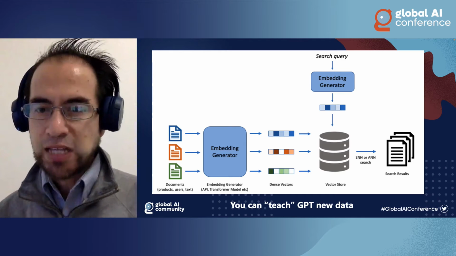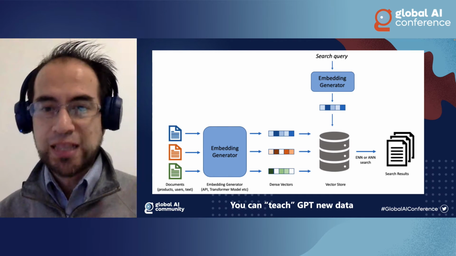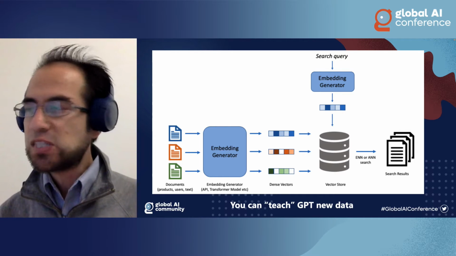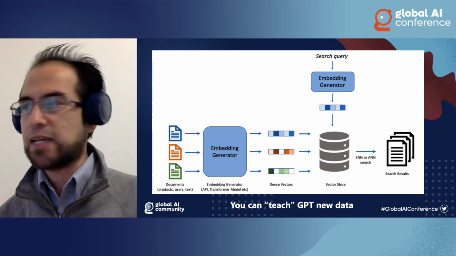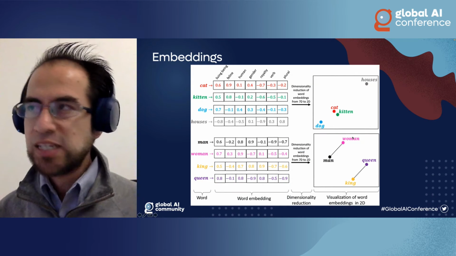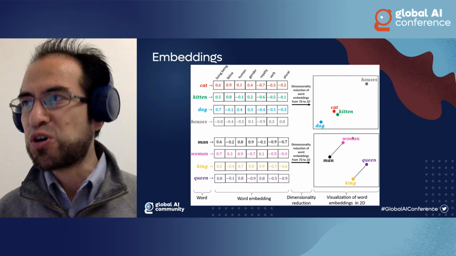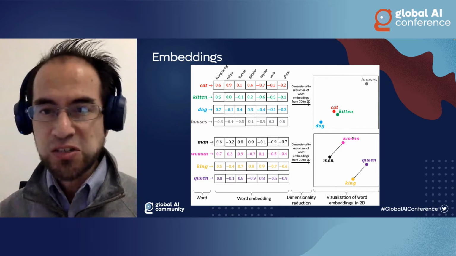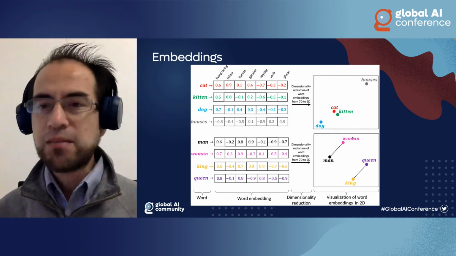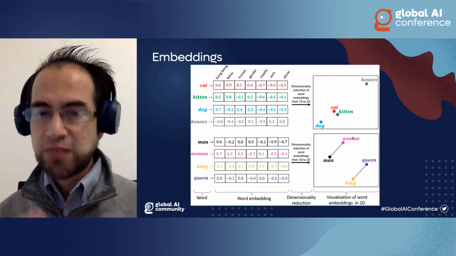This is also known as the two-step search and ask method, and it enables GPT to answer questions using a library of reference text. This is basically embeddings, and we have heard about it in past sessions. An embedding is an information-dense representation of the semantic meaning of a piece of text.